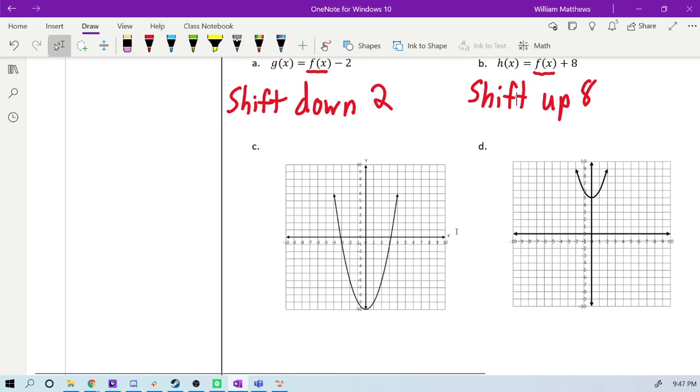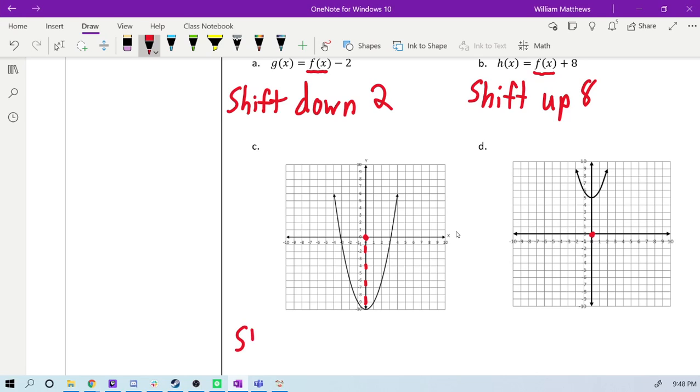On a graph, we need to realize that our parent function starts at the origin, so we can make the comparison. In this case, we were only worried about vertical shift. If I look at this, we took our origin and we moved down to a negative 10.